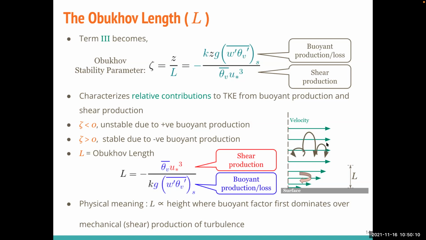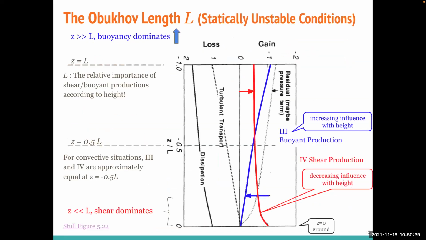Or what is the extent of your buoyant production or loss? Okay, so we need to have a relative comparison between them over height. So it has to be a function of height. In my part of this course, we always talk about the vertical dimension, right? We always ignore the horizontal change. So it should be a function of height.